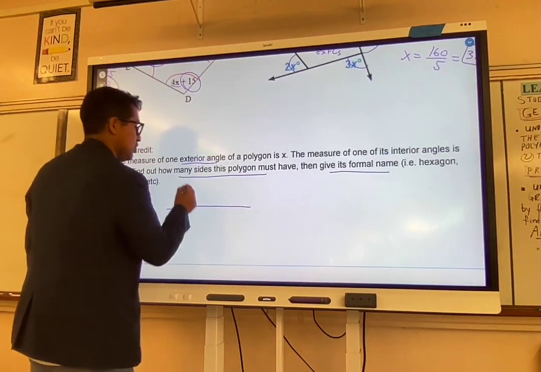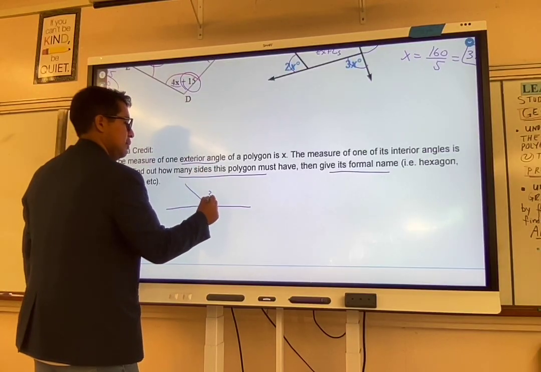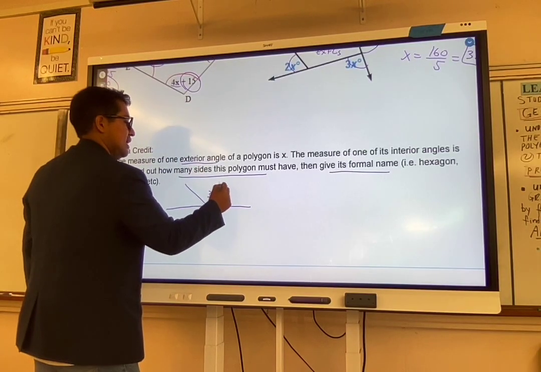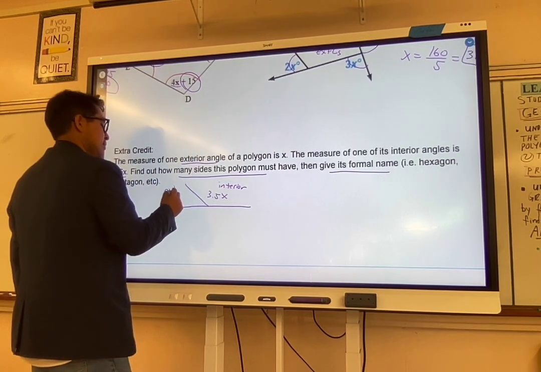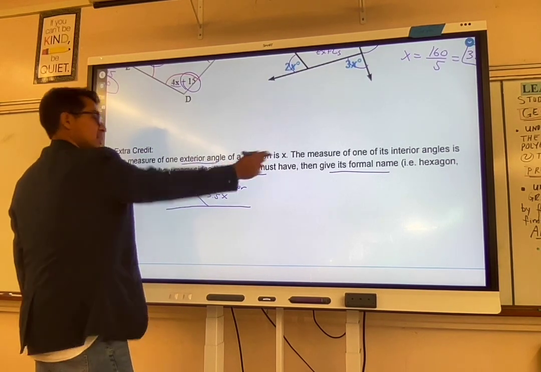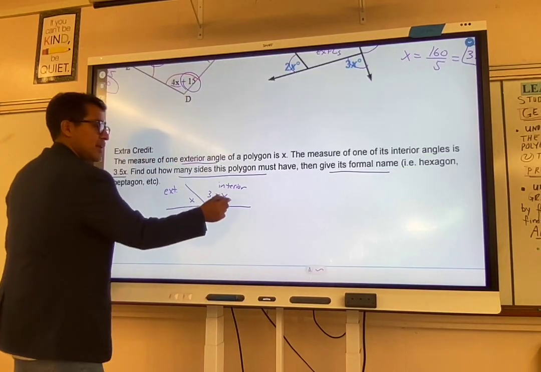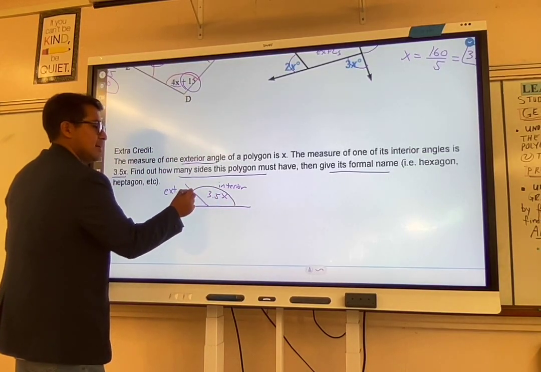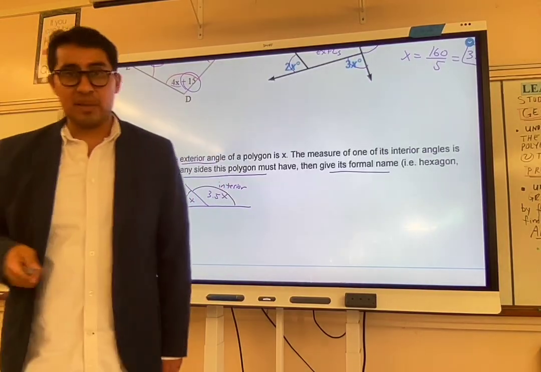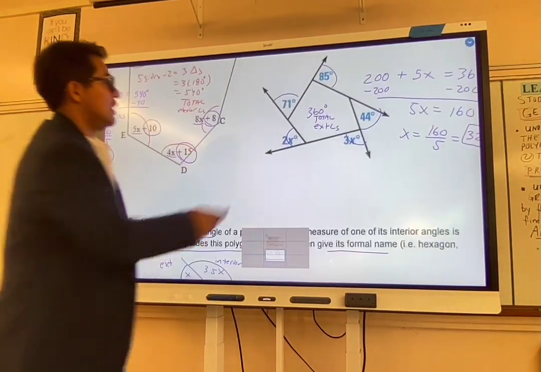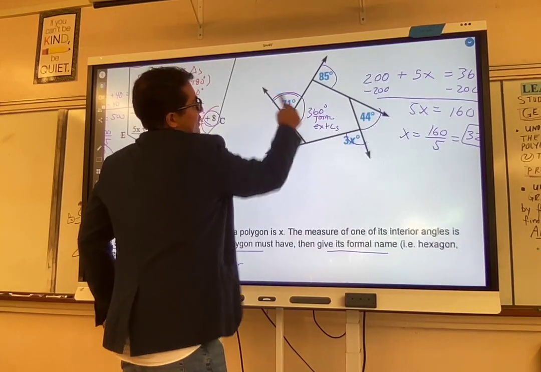So the idea is draw your picture. The interior angle was 3.5x, right? That's interior, that's on the inside. The exterior angle, that one is just x, so I'll put that here. What do I know happens when I combine the interior angle with the exterior angle for any part of the polygon? Like even in these problems, right? If that's 71 and I draw a straight line like this, that makes 180.